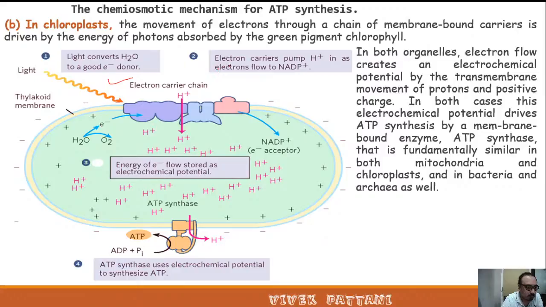Second, electron carriers pump hydrogen ions in as electrons flow to NADP+, and this energy of electron flow is stored as an electrochemical potential.